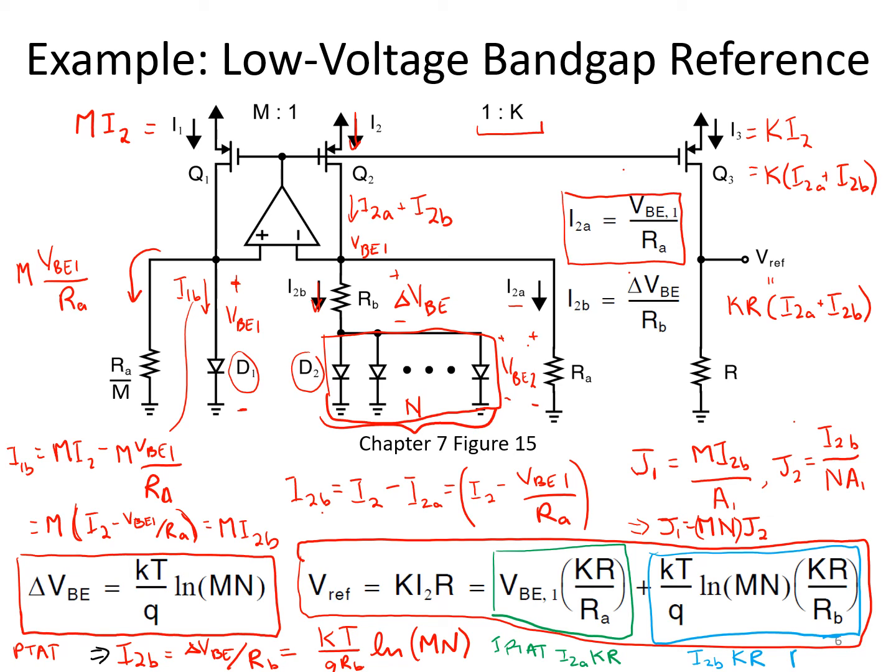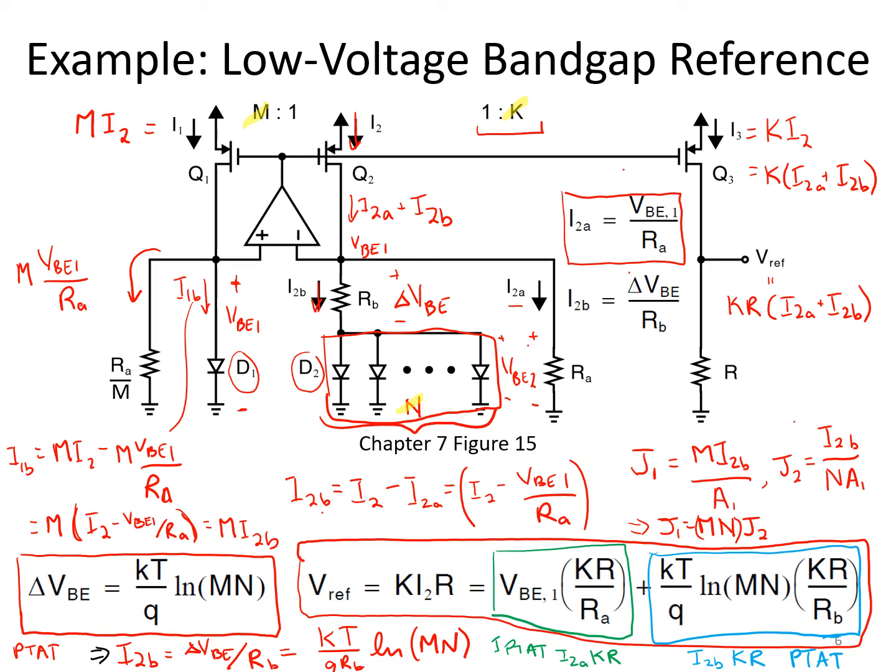This one is our PTAT source. You see the absolute temperature here showing up as a proportionality. Everything else in there are either ratiometric constants or absolute constants, k over q. So as a designer, you have control over quite a few design parameters here. And most of them are, again, ratios of device sizes. You've got terms like M, K. You've also got the ratio of the PN junction areas, N.